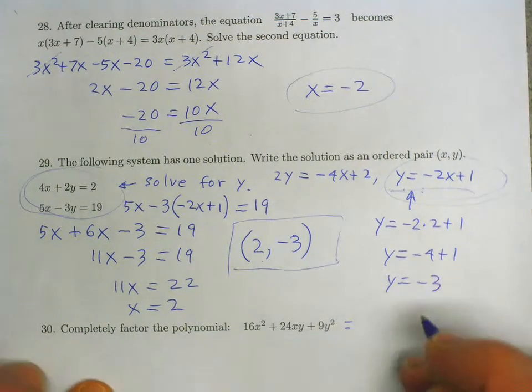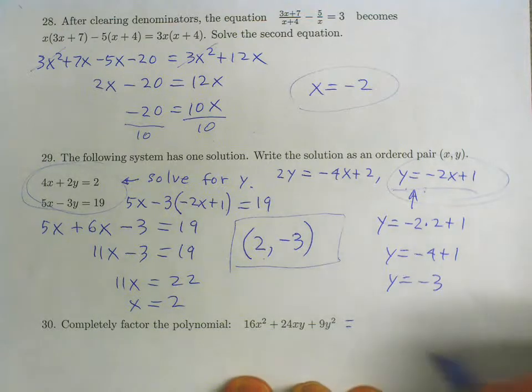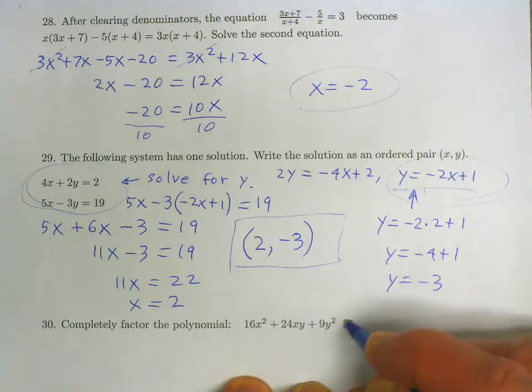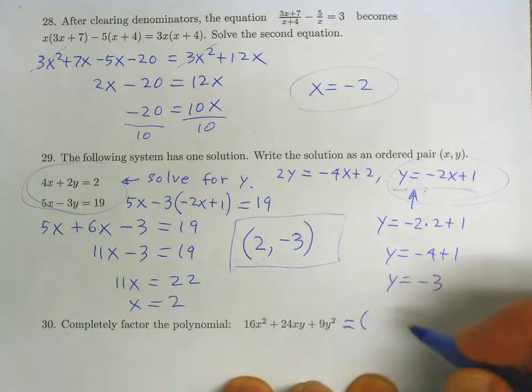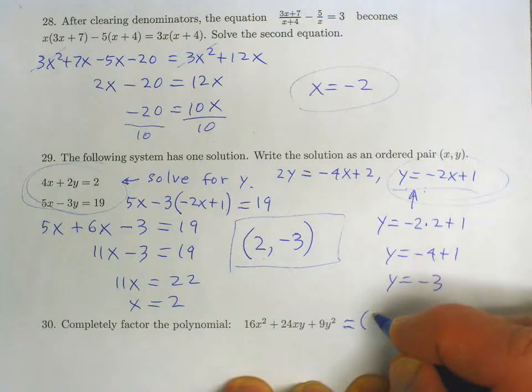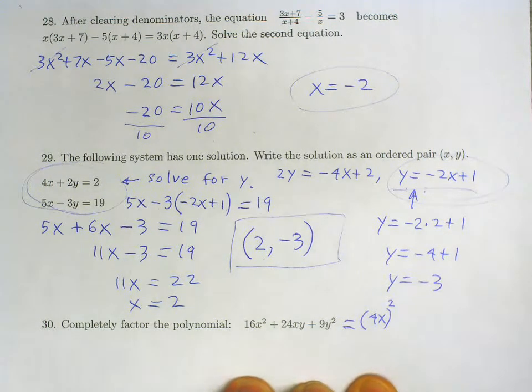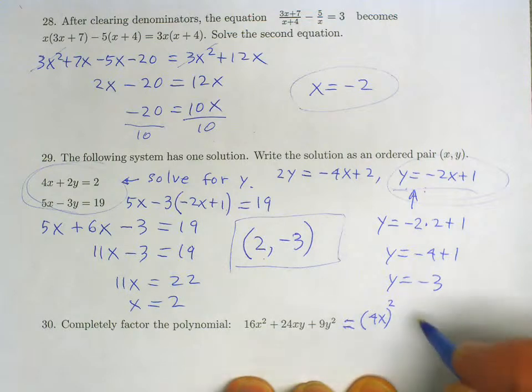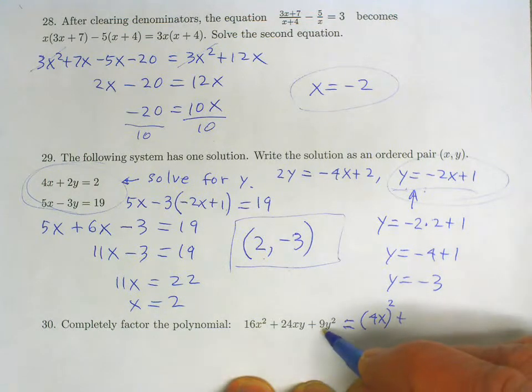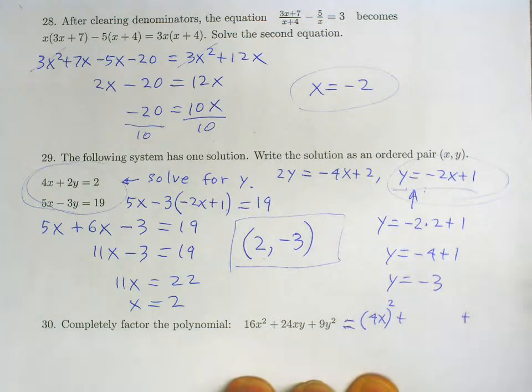So you can recognize this as a perfect square trinomial this way. The term 16x to the second is equivalent to squaring the term 4x. The term on the right is 9y to the second. That's equivalent to squaring the term 3y.